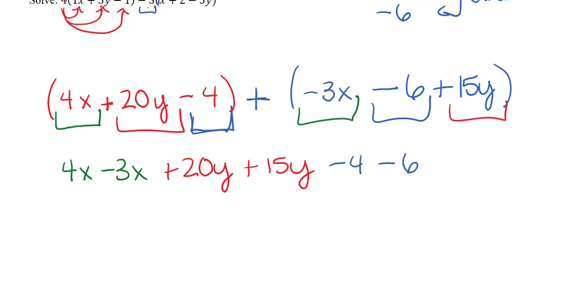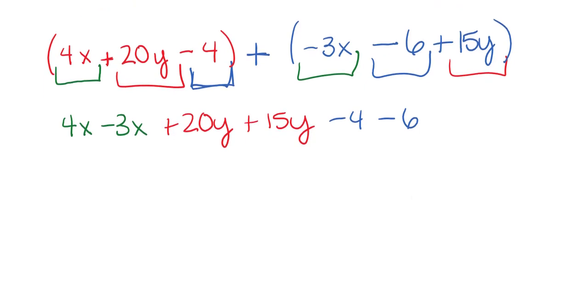So let's go ahead and solve. 4 minus 3 is just 1x. Notice you could put the 1, or you could just leave it as x. Either one will be right, and WildMap would take both answers too. Then we have 20y plus 15y, so that's 35y.